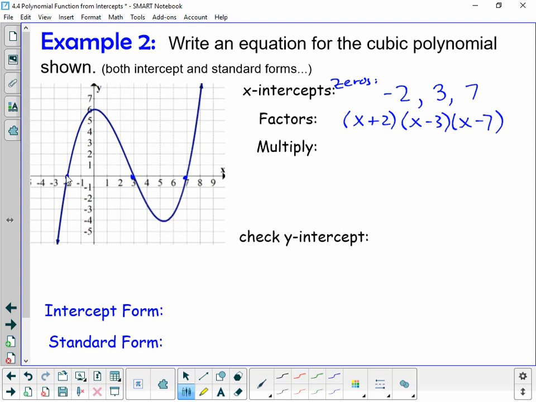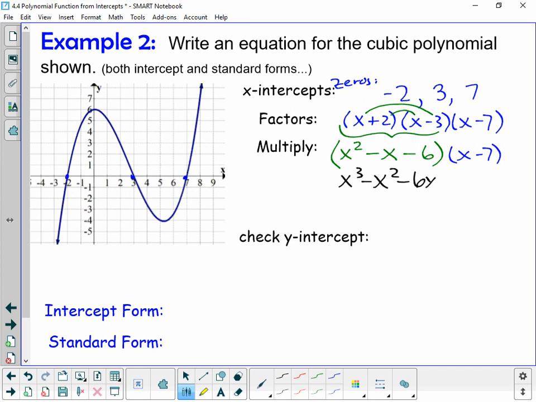Let's multiply that out. If we multiply these two together, we get x squared. We have a positive 2x and a negative 3x, so that's a negative x, minus 6. And we still want to multiply that by the x minus 7. So if we multiply this and distribute it, x to the third, x squared minus 6x.